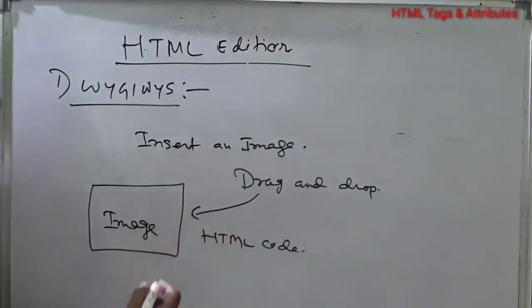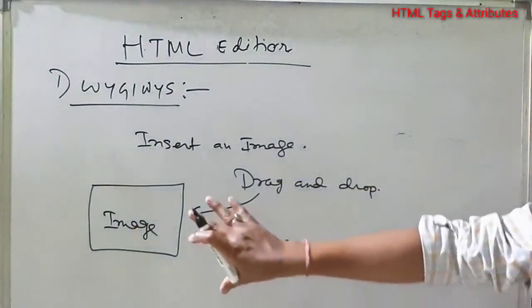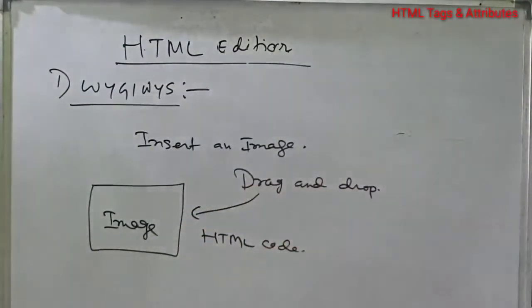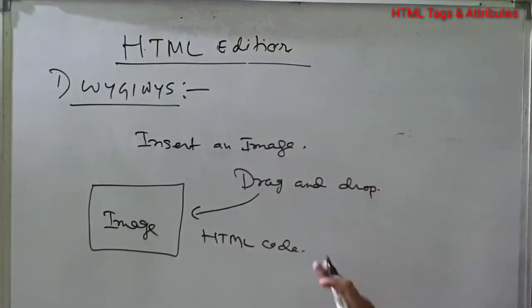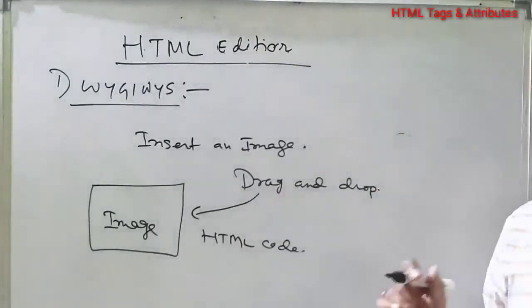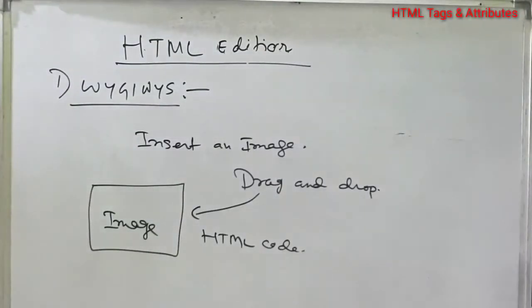When you drag this image, there is already inbuilt code available in this editor. Just you use this editor's facility. Okay, it means what? If you have no knowledge of HTML programming language, then you can easily create a web page.